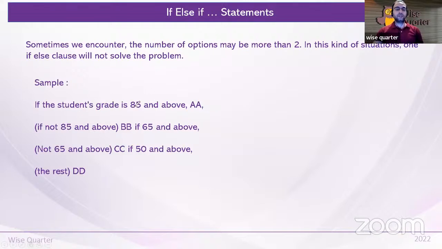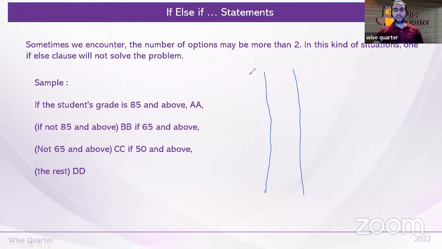If it is higher than 85, the student will have A. If not higher than 85, but if it is higher than 65, it is BB. If it is not higher than 65, but higher than 50, the student will get CC.